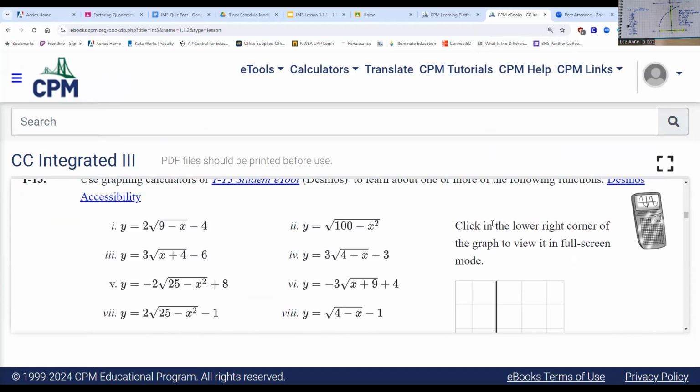The hardest part about this whole thing is going to be figuring out how you want to scale your graph, I think. So it depends, each one is different.